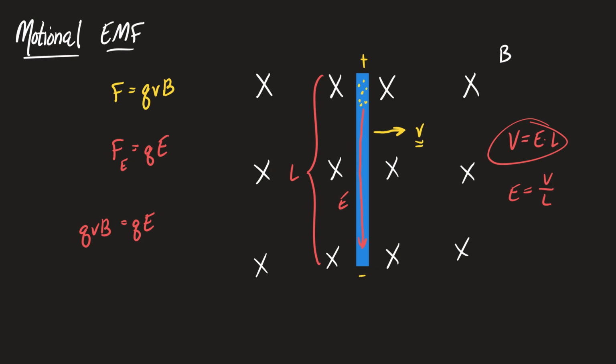This one is just one of those things to keep in the back of your mind all the time. You tend to forget it. It's a consequence of doing this integration for a uniform electric field. It's one of those things to memorize.